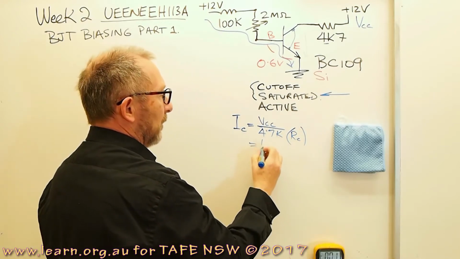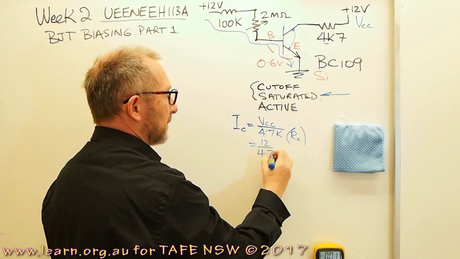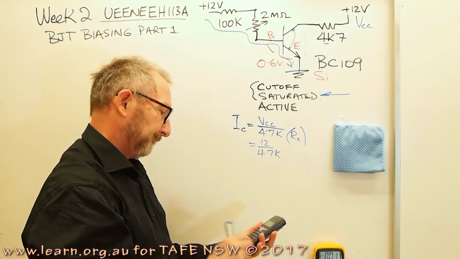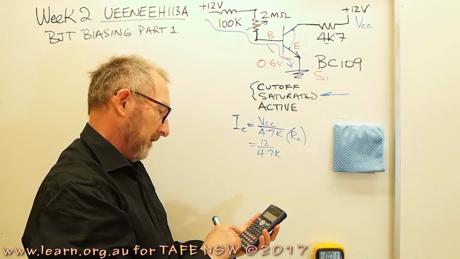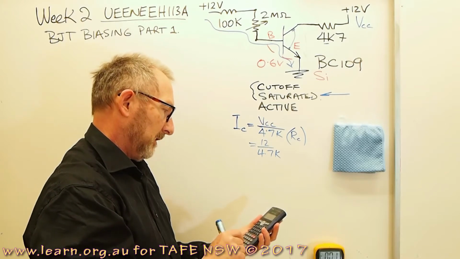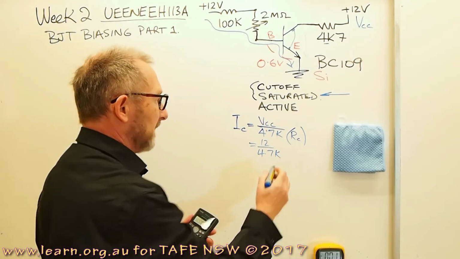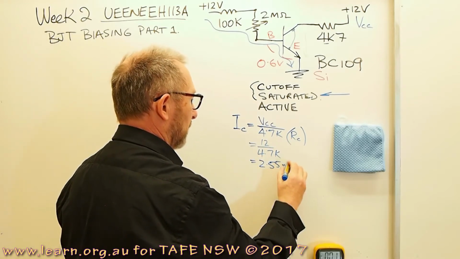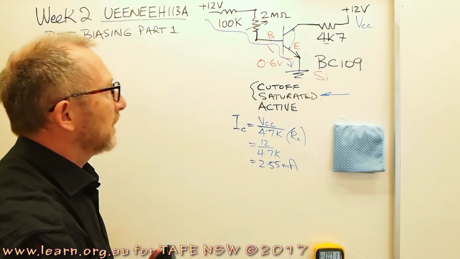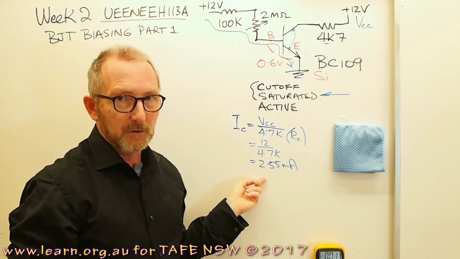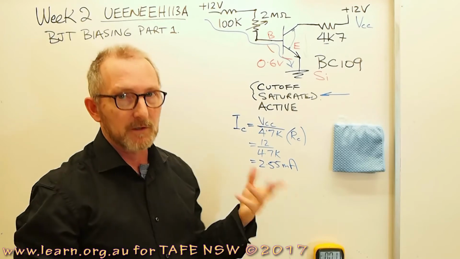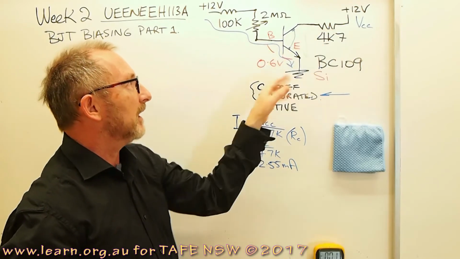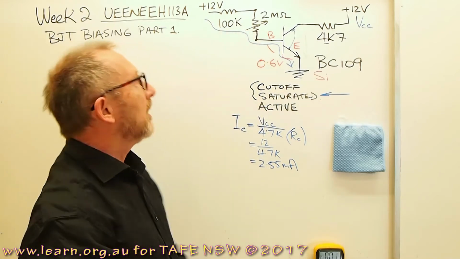So that'll be 12 divided by 4.7k, 12 divided by 4700 equals 2.55 milliamps. Now with that 2.55 milliamps, which is saturation current, that's the absolute maximum that we can have travelling down through the collector when the transistor is hard on.